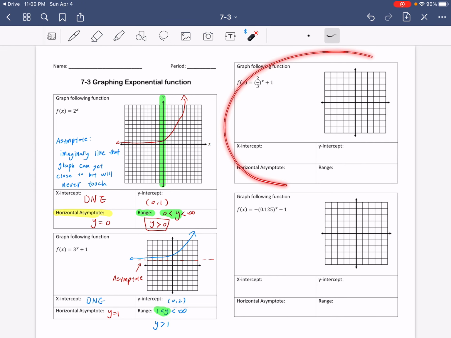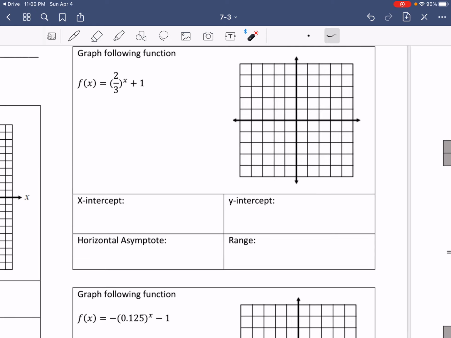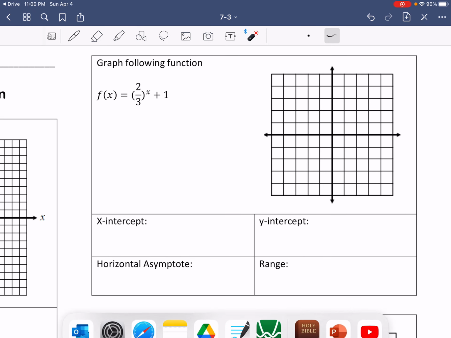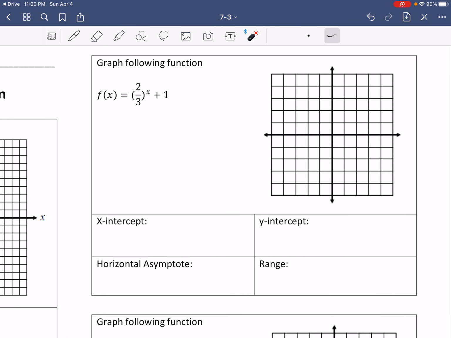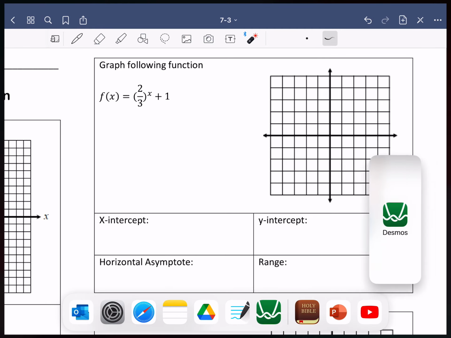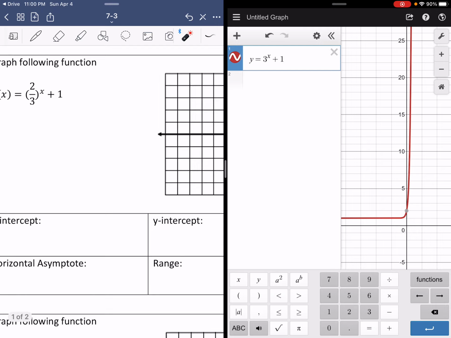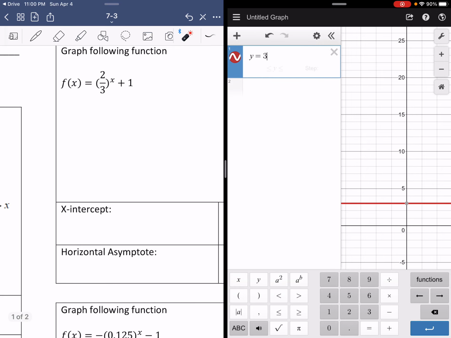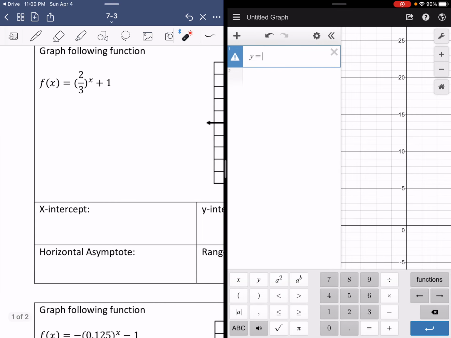So I want you to try this question by yourself. Now you have to put, what's that called? Fraction. It's not going to be a problem, right? Try this question by yourself. Just in case, let me show you how to put a fraction.